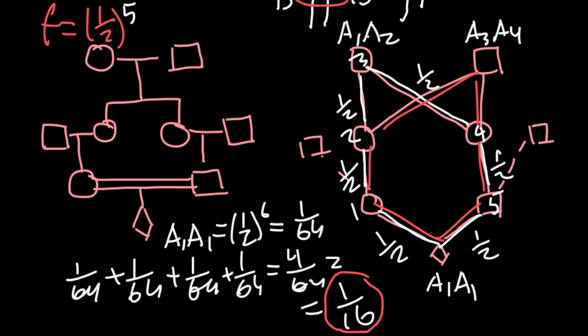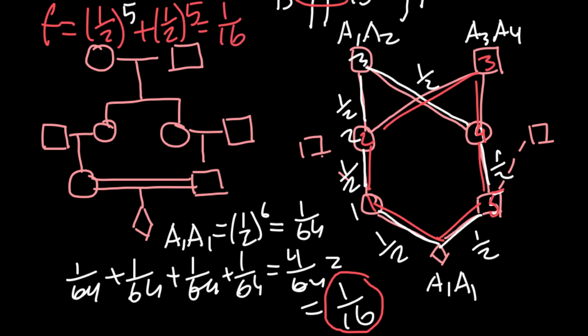So once again 1, 2, 3, 4 and 5. So we have to add this probability also, so plus 1/2 raised to 5. And as you see, we are going to get the same answer as 1/16.